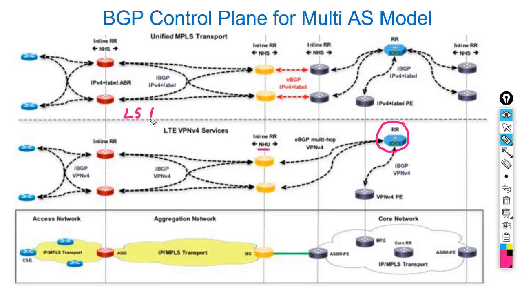And in order to establish an end-to-end LSP from AGG to PE router, we will use BGP IPv4 label unicast on the link between ASPR and Metrocore and within each domain. The third note is that the next hop for VPN prefix from CSG to the core network will be the loopback address on AGG, not the address of the CSG.